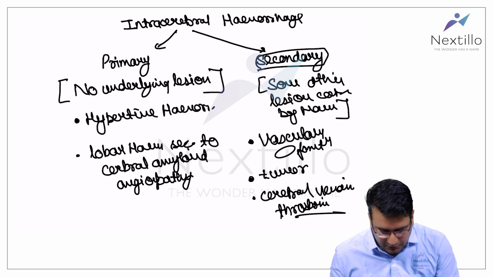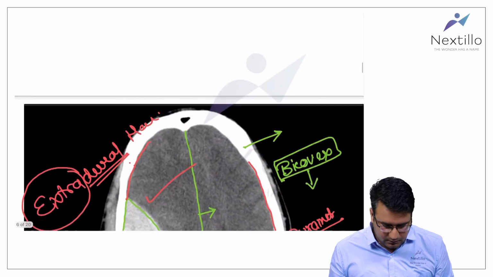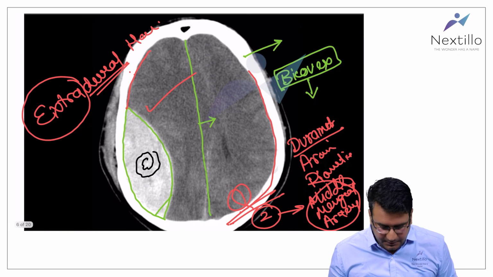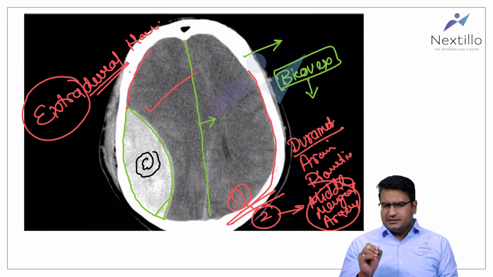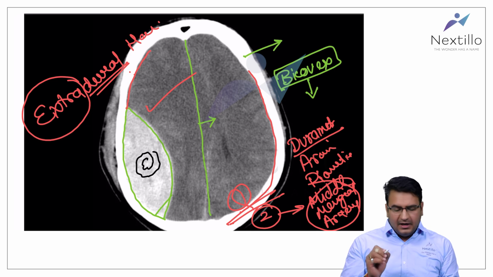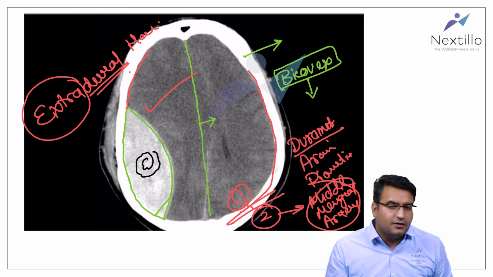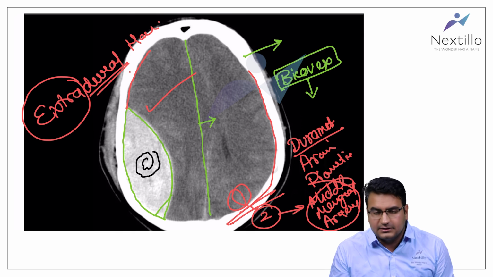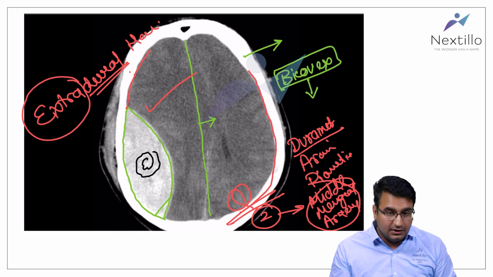Okay, so what have we covered yet? Have a look again. So the first important part is, we will look at the image, whatever is provided. We will see if it's an MRI or a CT. If these kinds of images are provided, I have already told you, look at the bone. If it's very hyperdense, most likely it's a CT image. Okay, then look at the shape of the hemorrhage.